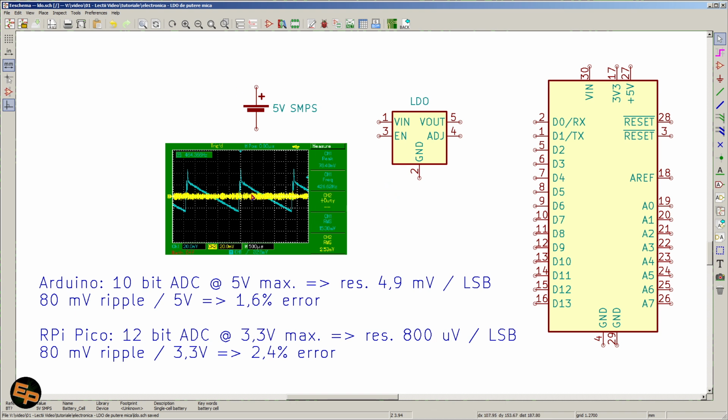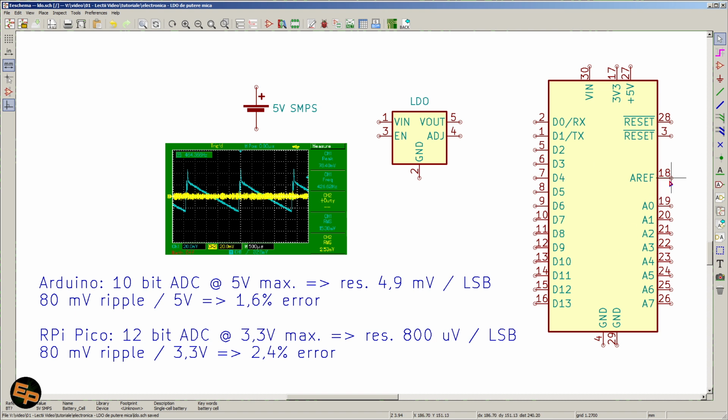Okay, so let's say we have a 5 volt power supply, like I said, the phone charger that we don't use anymore. And we are using that to power, I don't know, an Arduino board or a Raspberry Pico or something.